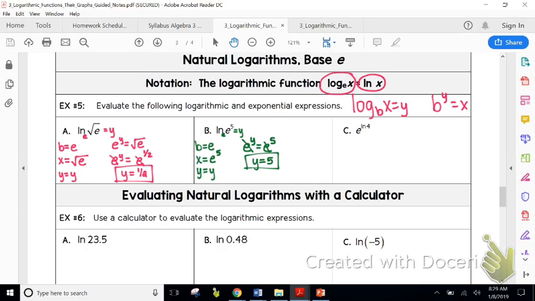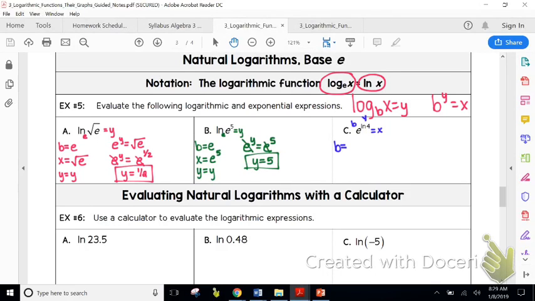And then C. What form is C written in? Exponential. So we're going to set this one equal to x. So this one is b to the y equals x. So what is your b? Remember, it's b to the y equals x.